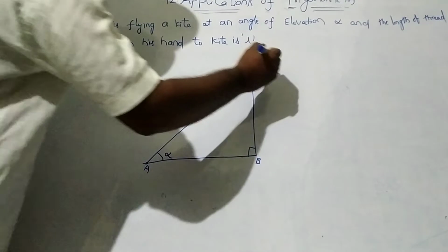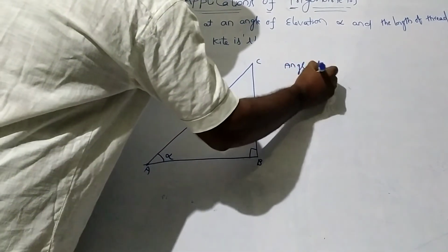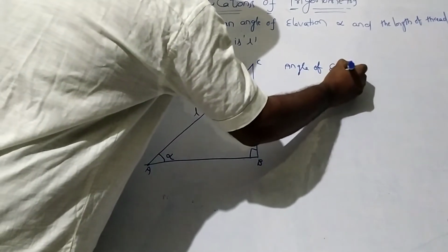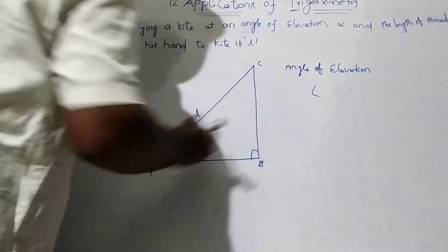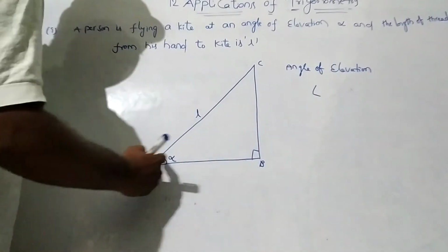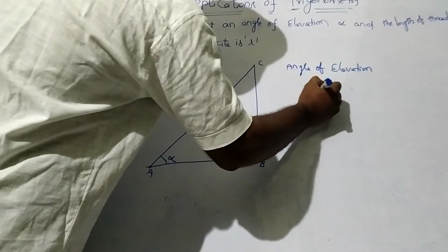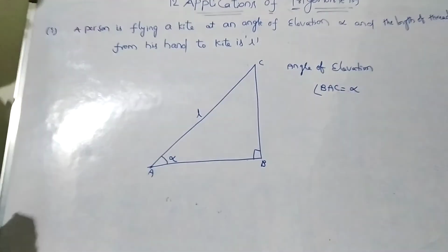Angle of elevation is angle BAC. Angle BAC equals alpha, the angle of elevation.